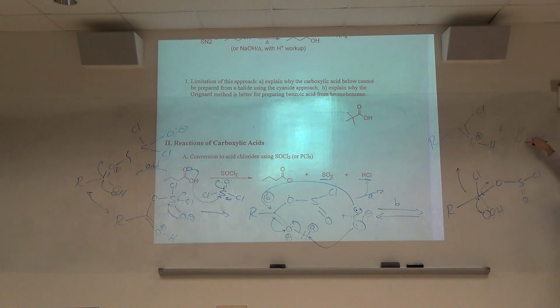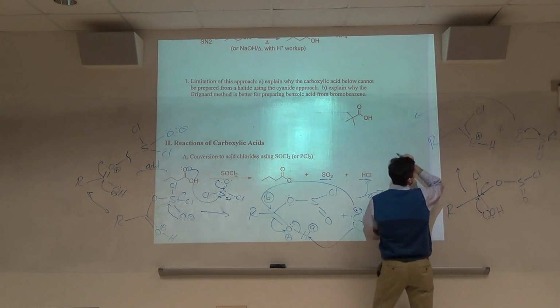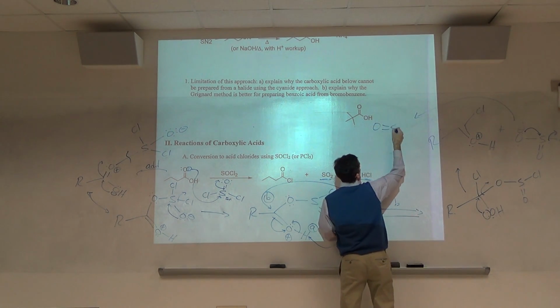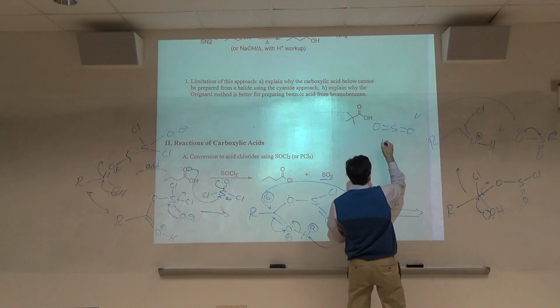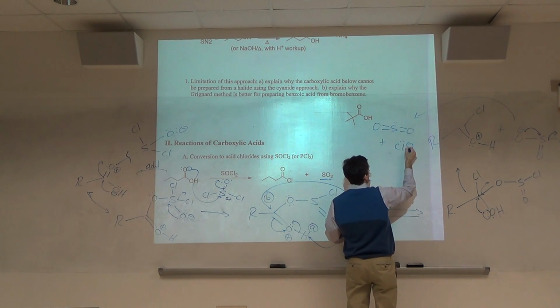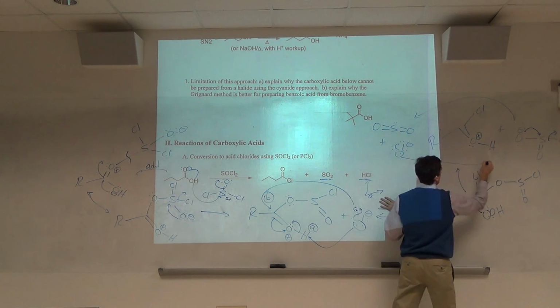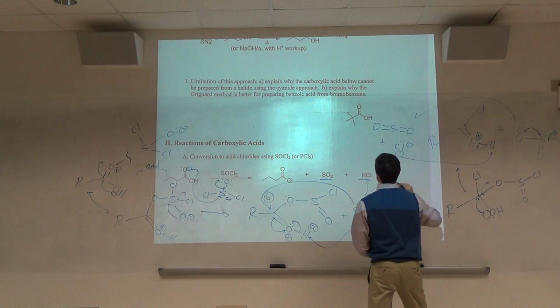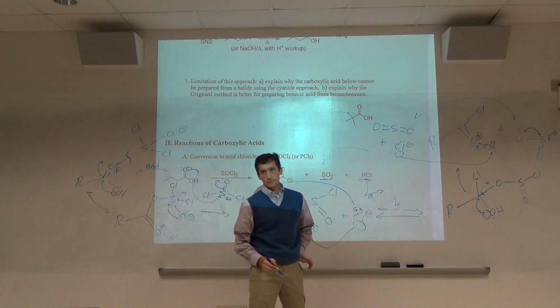At this point, this actually decomposes because anytime you can make a pi bond and kick off a leaving group, that's easy to do. I'm going to come way over here. What does that give? It gives SO2 plus what? Cl minus. Now what can take the H? This takes the H. What do you get? You get the neutral and you make HCl.